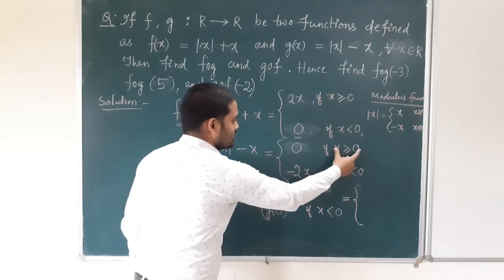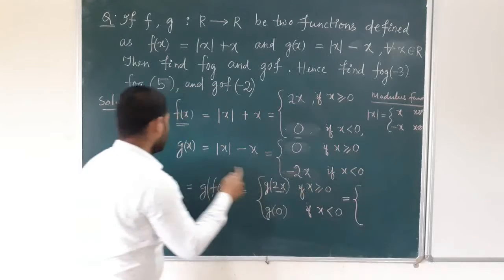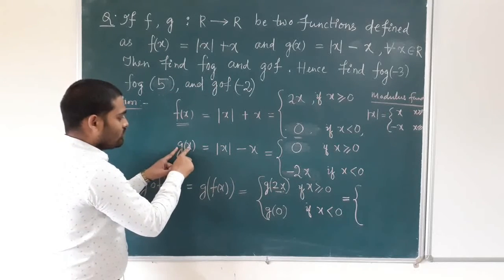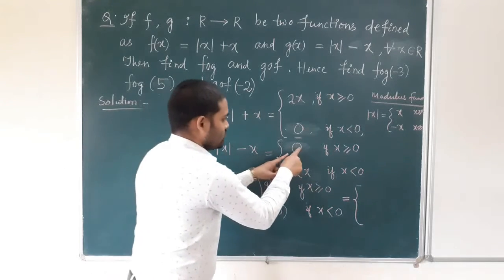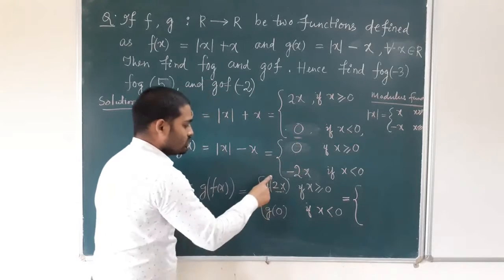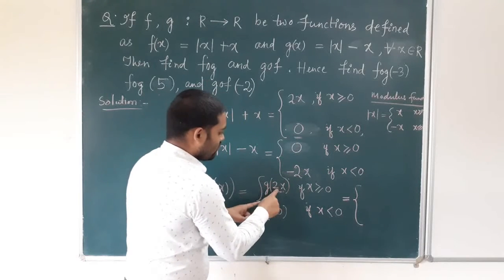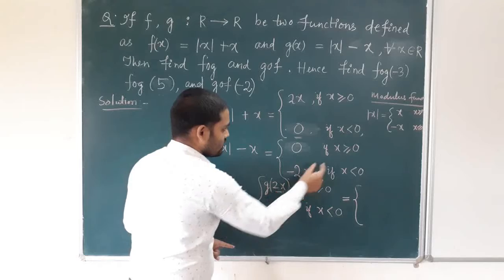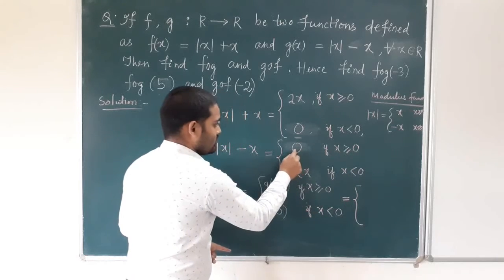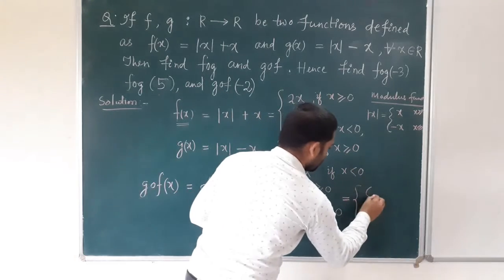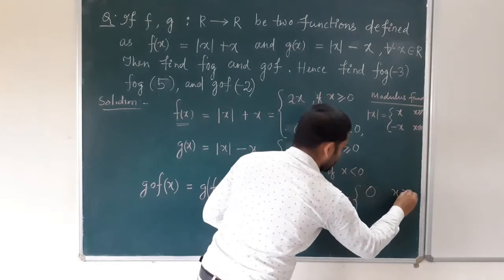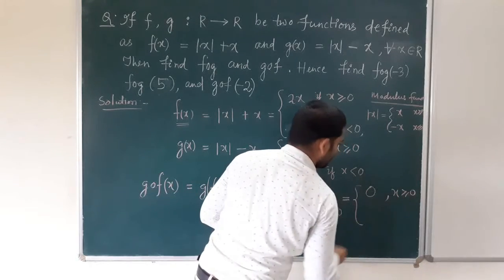So for this positive value, g of x is 0. So you can write g of a positive value is equal to 0. So 0 for x greater than 0.